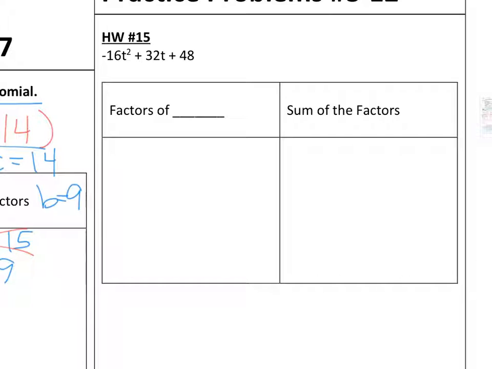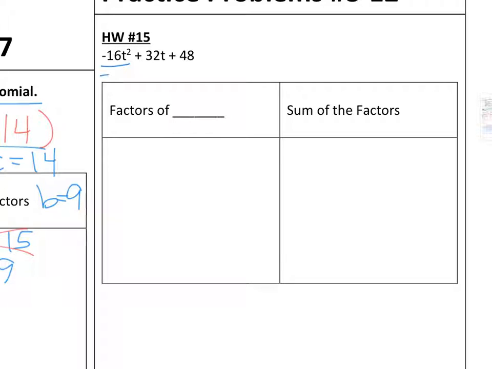Last problem that I want to show you is number 15, and again we're going to have to factor out something here because we've got a number in front of the t squared. The reason I wanted to show you this one was because the number in front of the t squared is a negative number, and you never want your a to be negative. So even if it was just negative 1, we would divide everything by that negative 1.